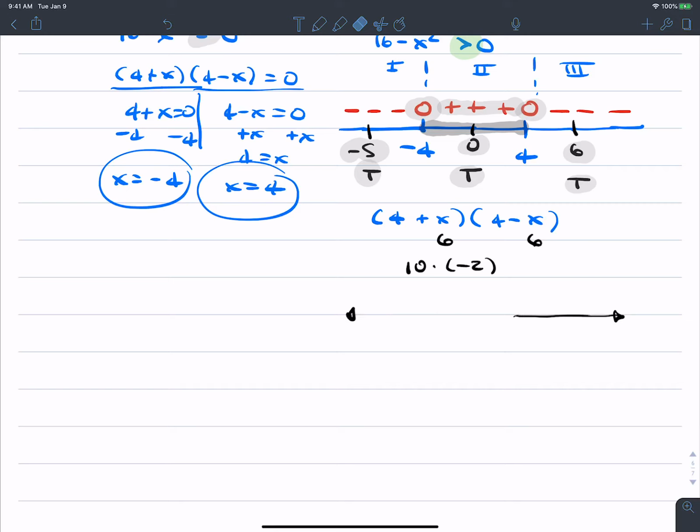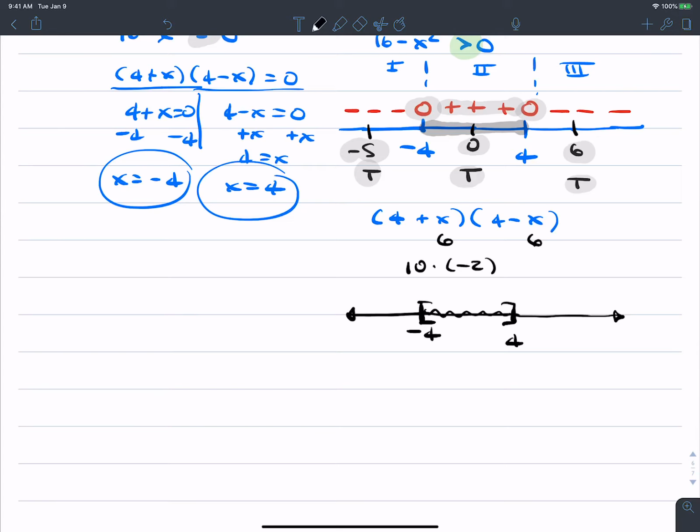And you shade everything between negative 4 and positive 4. Just don't forget to use square brackets because we include where it equals 0.